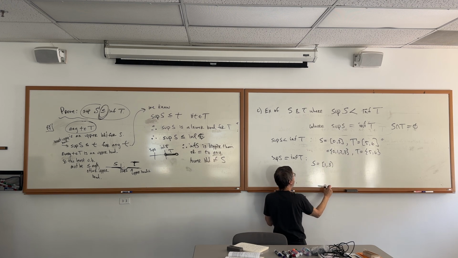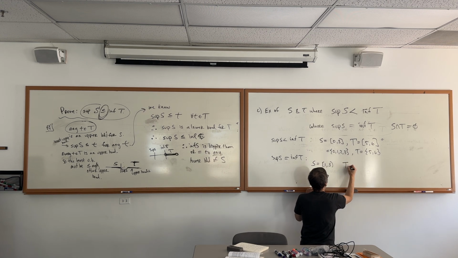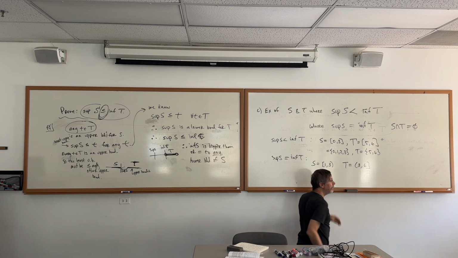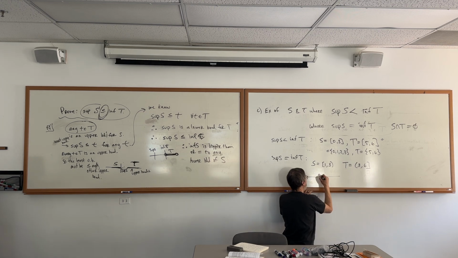And then for T it'd be open at 3 and then goes up to 6 and contains 6. Very nice. So essentially, it's 1 to 3, skip 3, going up to 6.